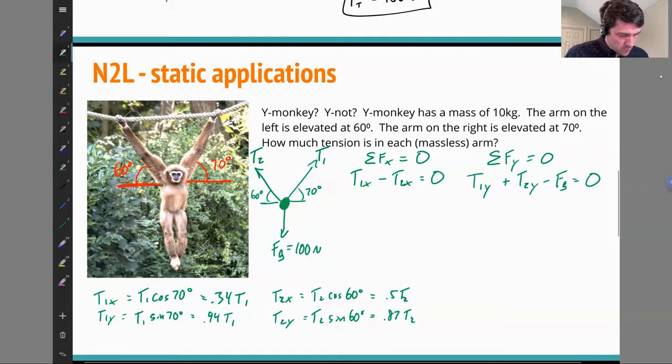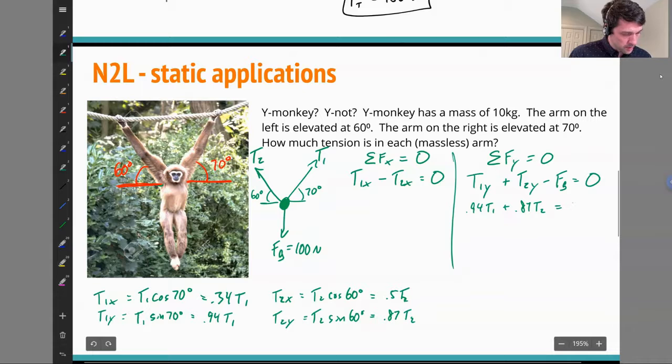Now let's say with the y direction first. T1y is 0.94 times T1 plus T2y, which is 0.87 T2, minus Fg equals 0. Well, I can add Fg to the other side, and I actually have a value for that.